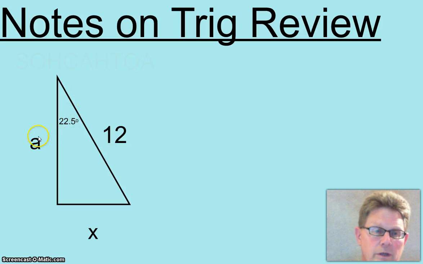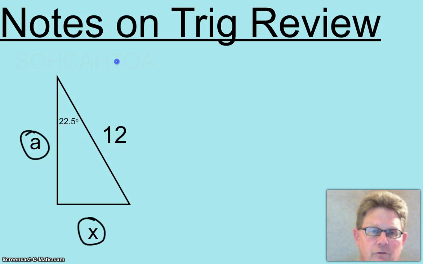Okay, let's review the trig. If you're given the radius of the regular polygon, you're going to have to find this and this in order to find the area. And let's see if we can remember what that memory device was for trig.